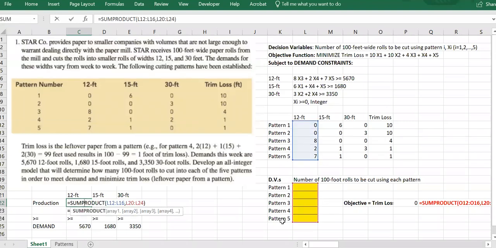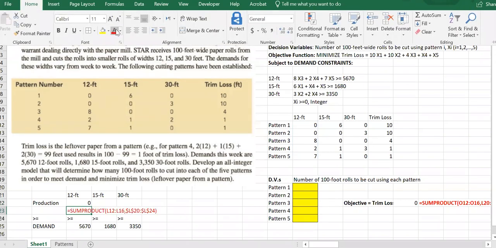L20 to L24, if I press F4 and add the dollar sign, they're going to be fixed, which means I can drag my formula to the right.